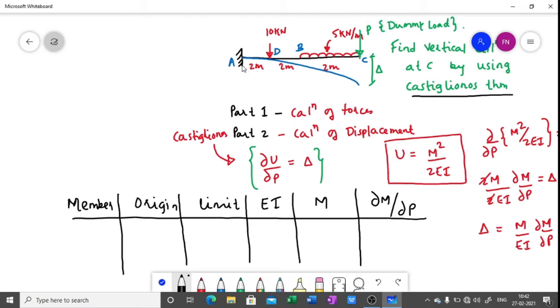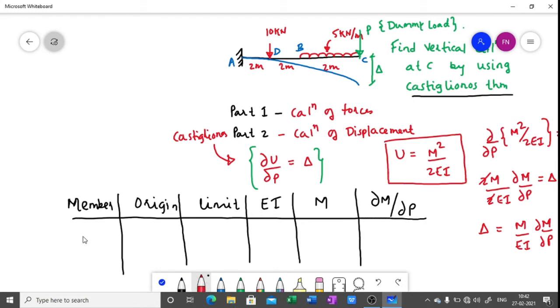You can also take members from the fixed end, like AD, DB, BC, but for easy analysis it is better to take members from the free end, like CB, BD, DA.